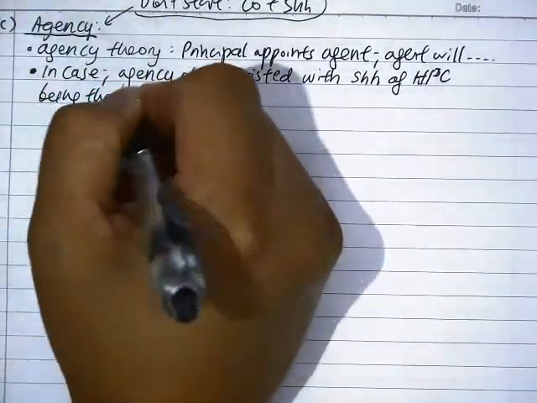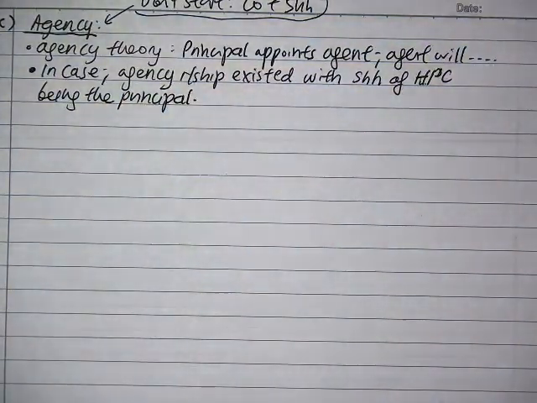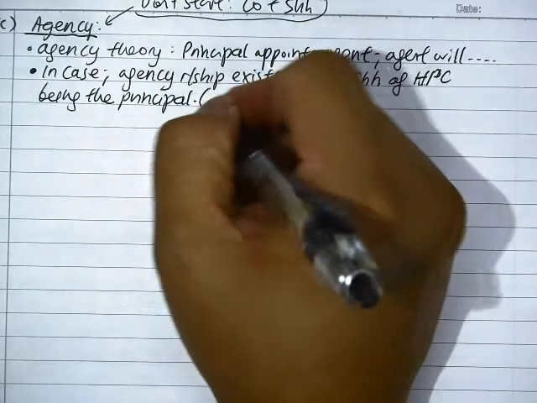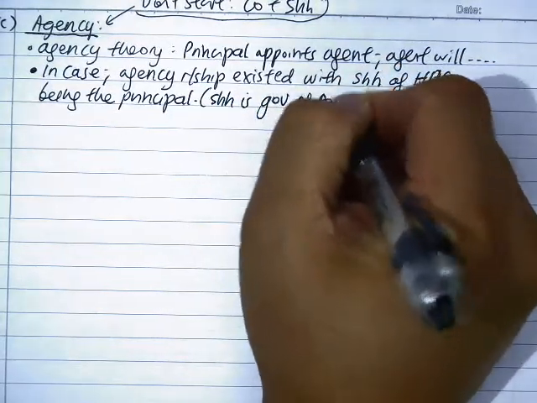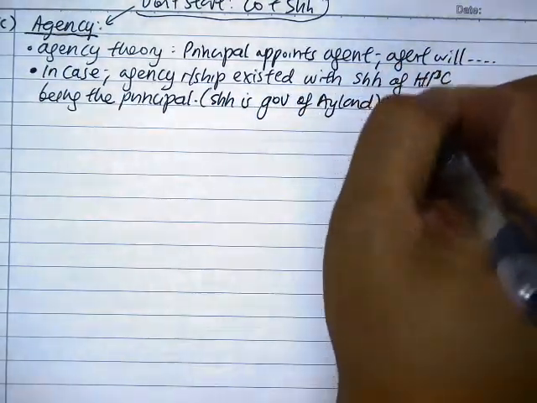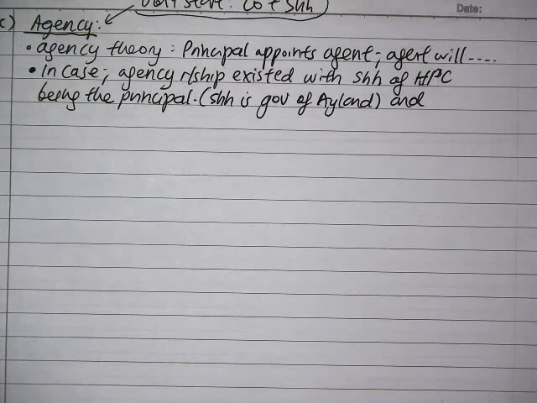being the principal. But the shareholder now is who? The government. The shareholder is the government of A-Land. Okay?